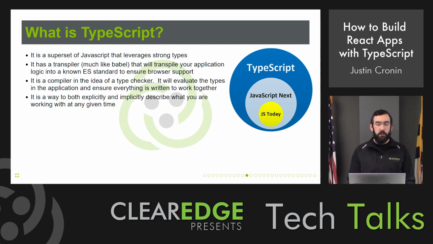Both of these are pretty recent to the latest ES spec, I'd say in the last year or two if I'm right. However, these have been available inside of TypeScript for, I want to say, about 4 years now. It was either late version 2 or early version 3. So you get not quite a bleeding edge, but definitely on the edge of new functionality that might be coming down in terms of the spec.